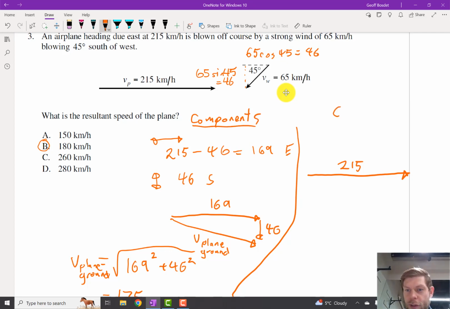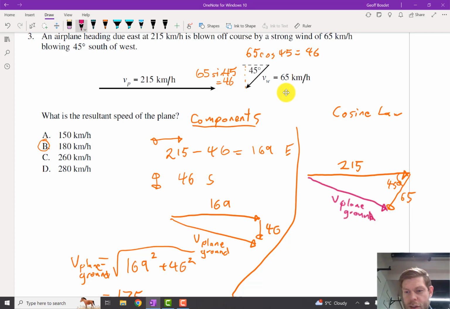And this is how we'll solve it using the cosine law, if you've hit that in math. So 45 degrees and 65 here. And then our resultant vector is going to be from the first tail to the last tip. So this is our V plane and the ground.